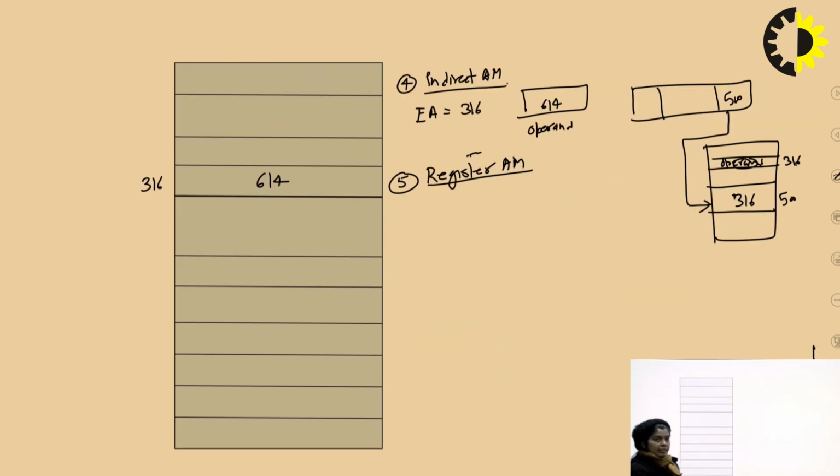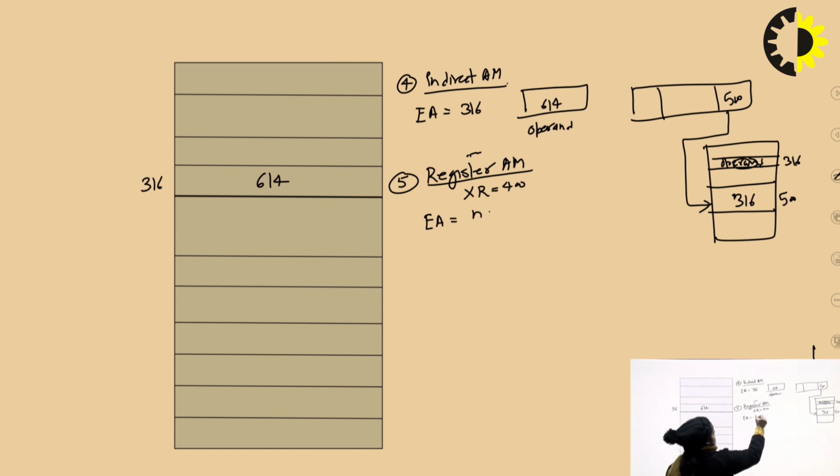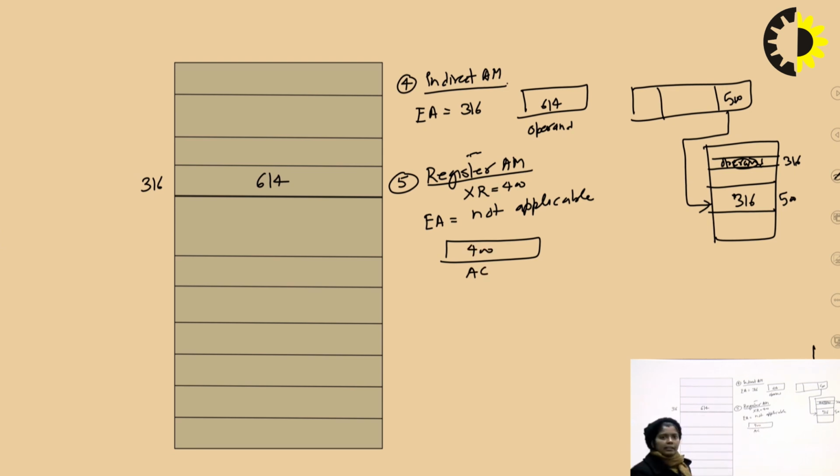So in the register addressing mode, you get the XR register value as 400. But in the register addressing mode, effective address is not applicable. So you just leave it here, and the operand stored in the accumulator is 400 in the register addressing mode.